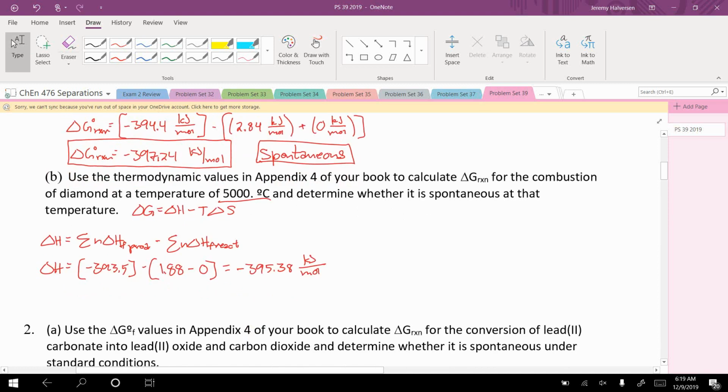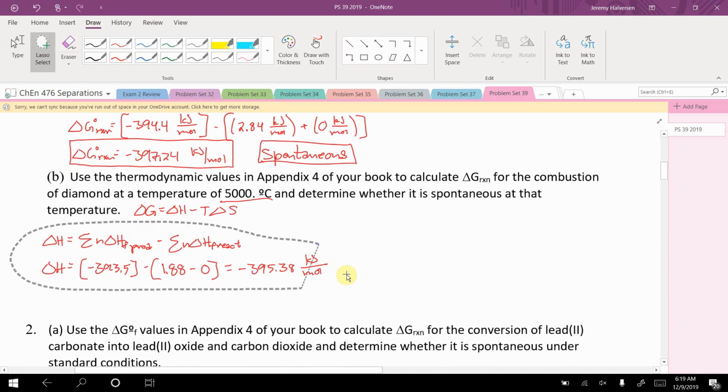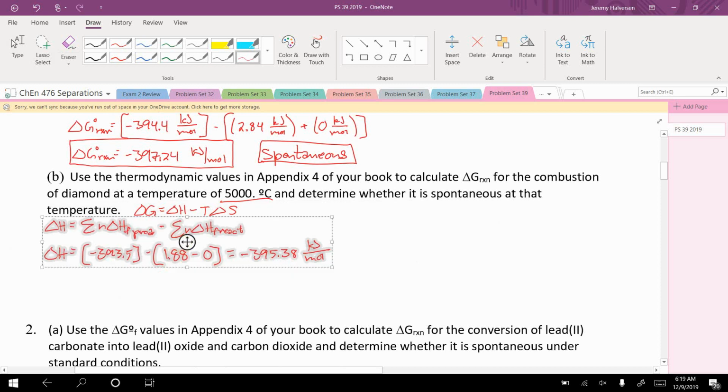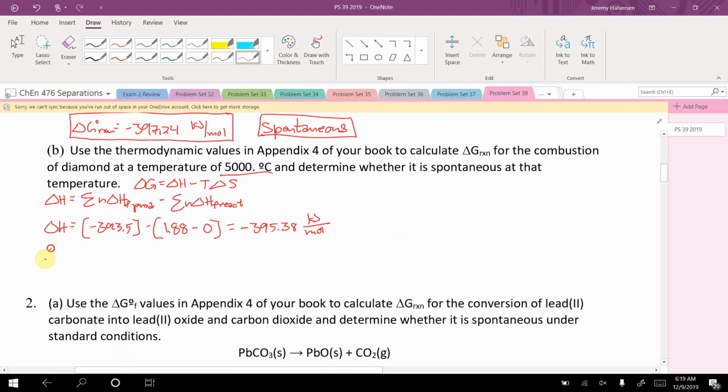Now I also have that delta S of a reaction is equal to the sum of n S naught values of products minus n S naught values of reactants.